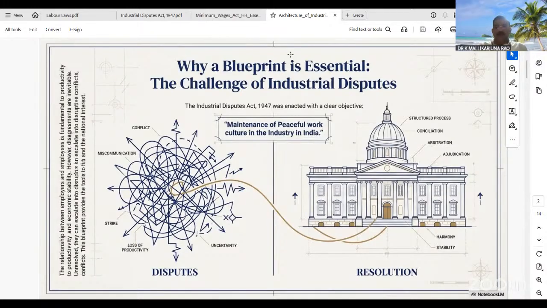Is any kind of mechanism there to address these conflicts? Miscommunication between employer and employee leads to strikes or loss of productivity.